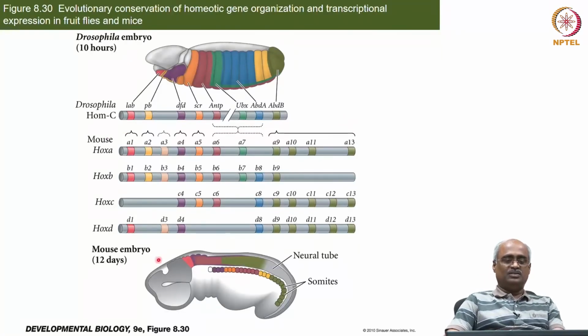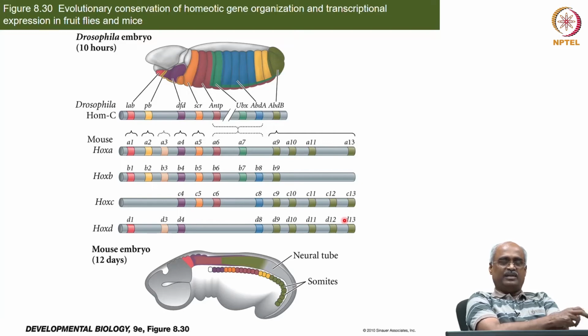Alright, so let us revisit Hox genes. I am saying revisit because we have already learnt about Hox genes when we discussed Drosophila anterior posterior axis formation. So we saw that Hox genes in Drosophila are all present on one chromosome in two clusters, the anterior cluster, the antennapedia cluster, and the posterior cluster, which is the bithorax cluster.